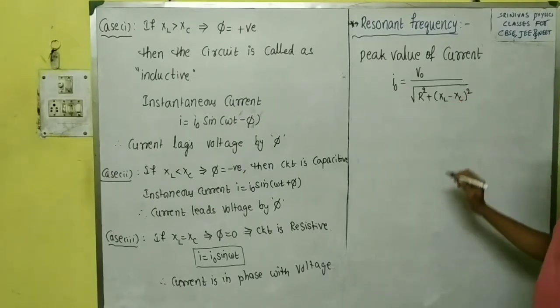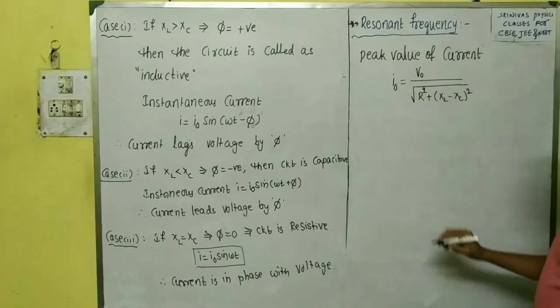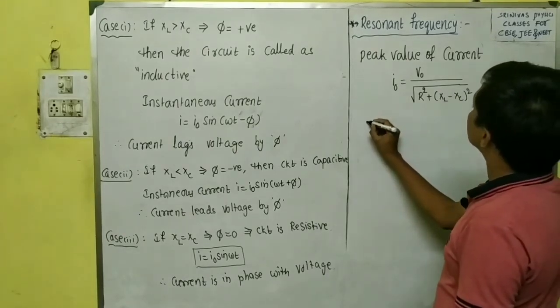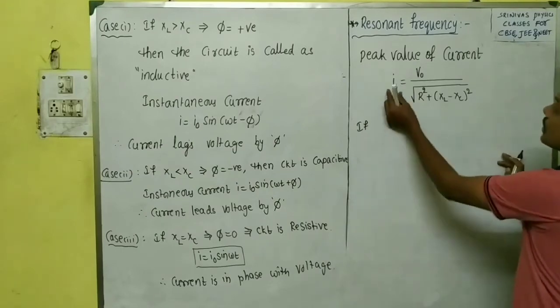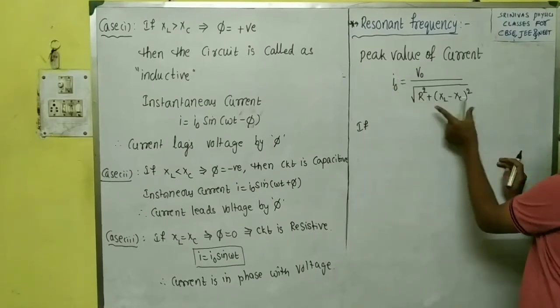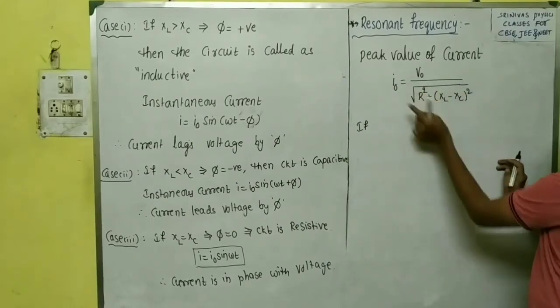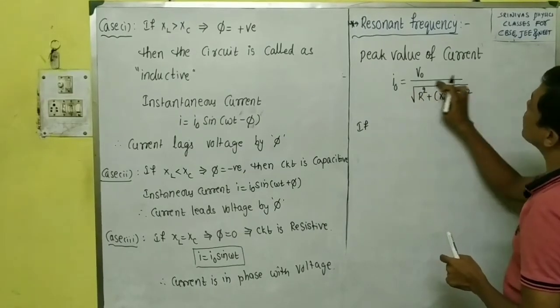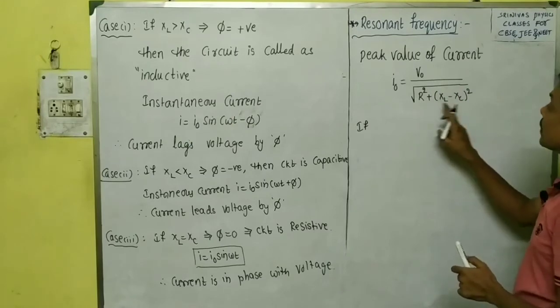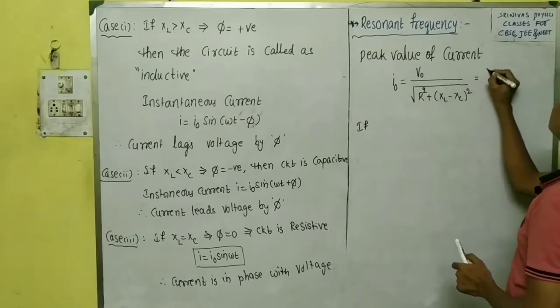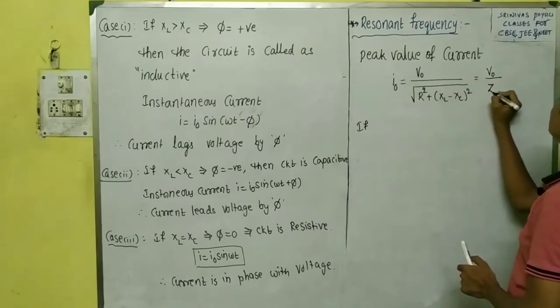Now I want to know when the current will become maximum. To get the maximum current, the impedance in the denominator should be minimum, because the peak current is inversely proportional to the impedance.